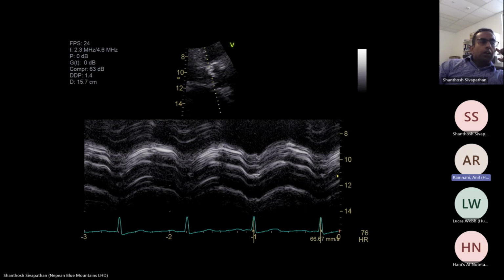And now putting an M mode through it's through the LVOT and the aortic valve, isn't it? The M mode. I can see, I'm not really that good at these things, to be honest, but I can only see that the right cusp is obviously brighter, and it's moving okay.